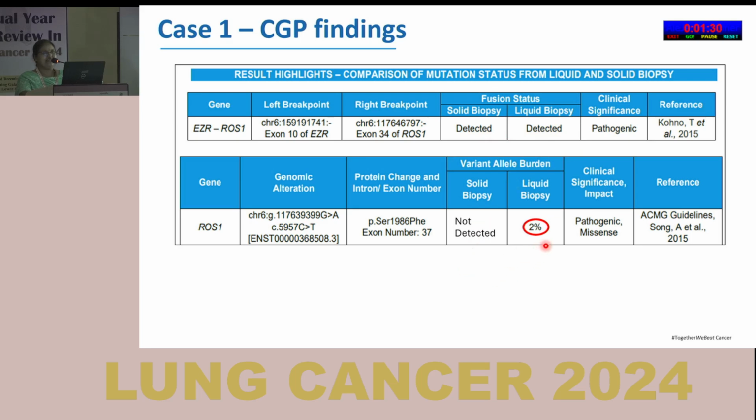However, that kinase domain mutation, which is the mechanism of resistance, was detected only in liquid, but it was not detected in that biopsy specimen.